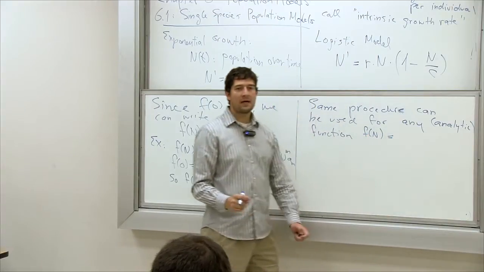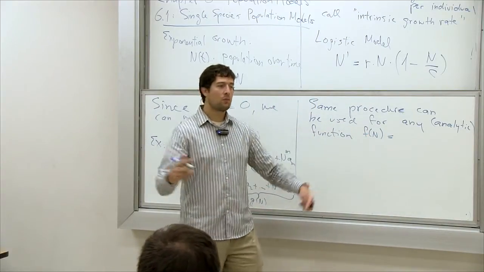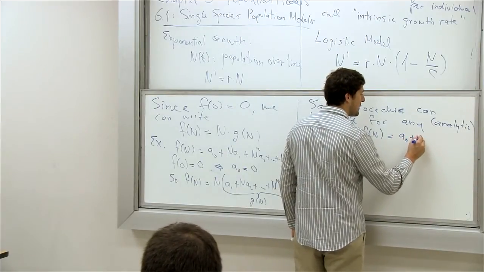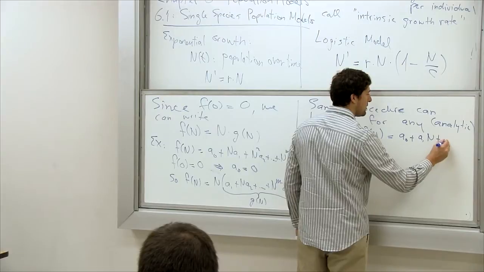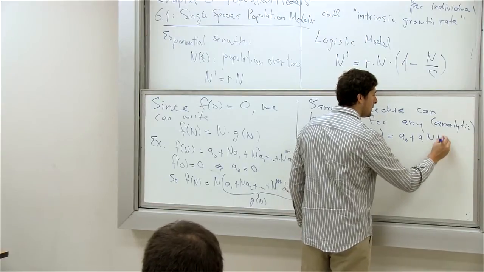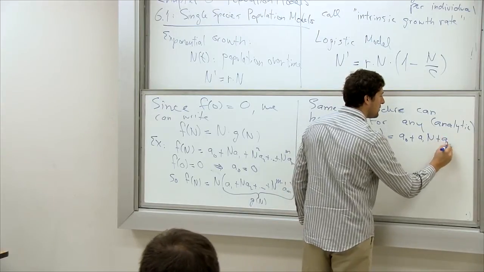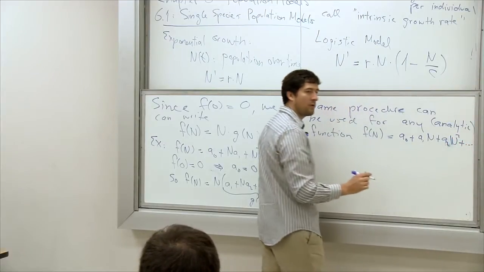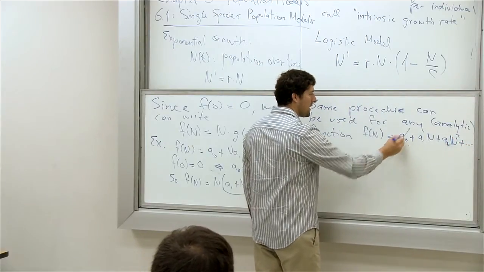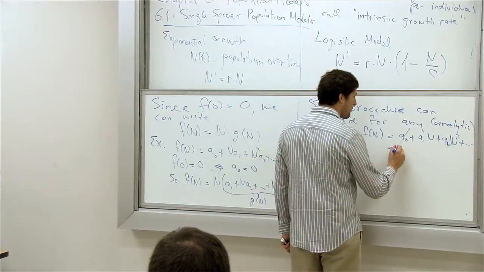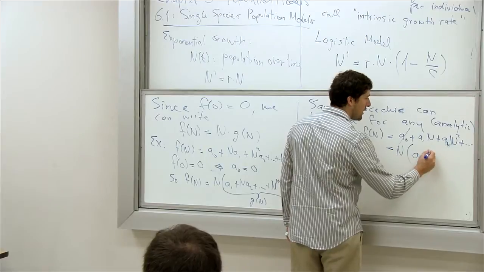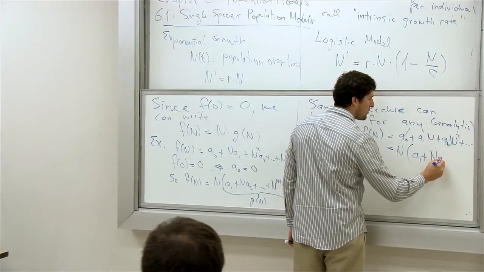Okay, you write f as an infinite polynomial. So a0 plus a1 n plus a2 n squared, and so on and so forth. And because a0 is equal to 0, we can write this as n times a1 plus n a2 plus.